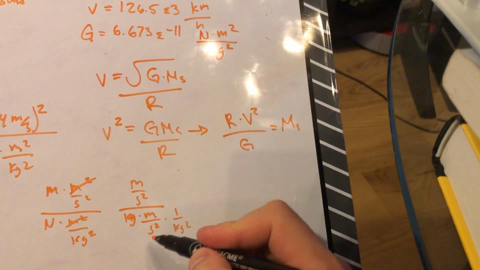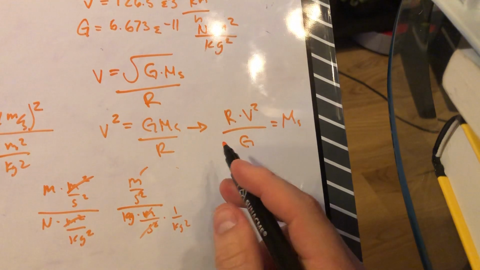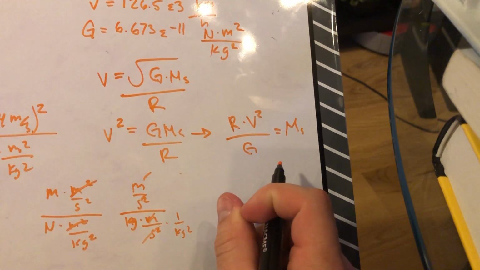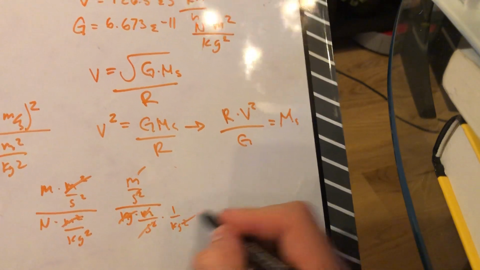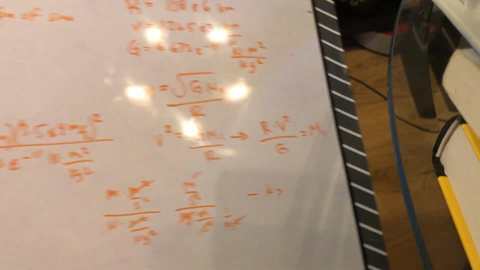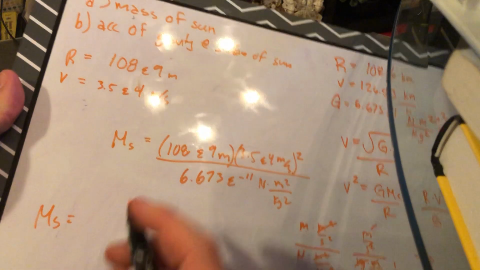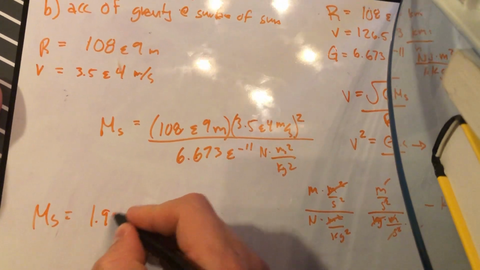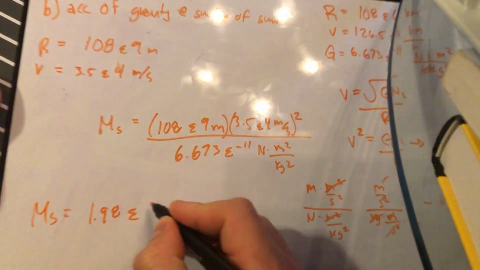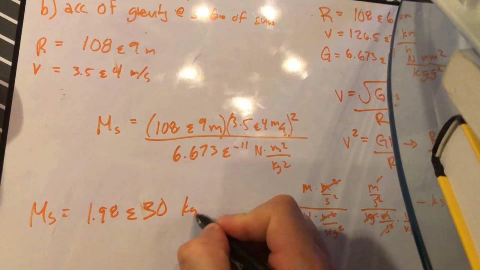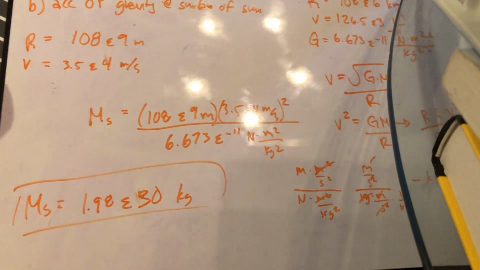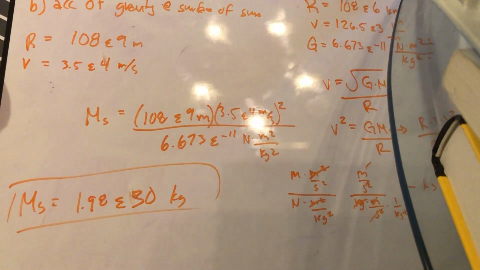And it's going to flip over, and you're going to have kg. Yep, cool. So we're going to have 1.98 E 30 kg. That's the mass of the sun.